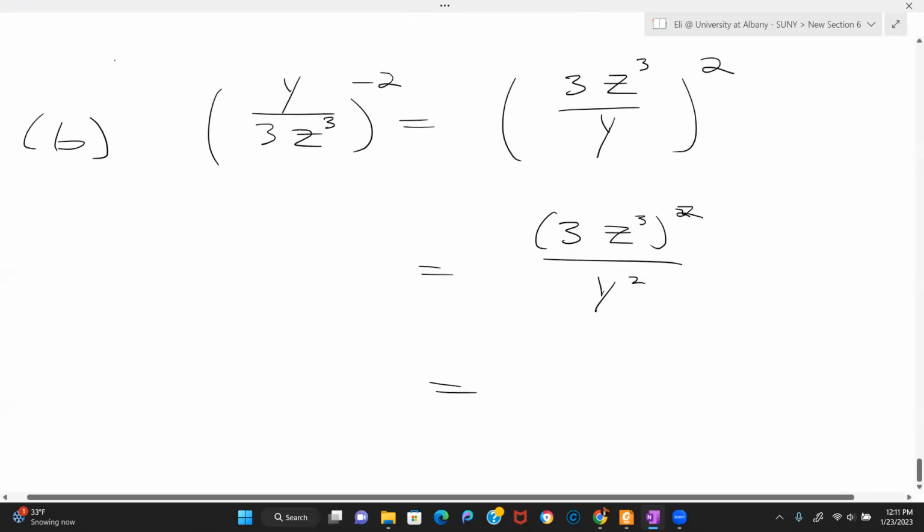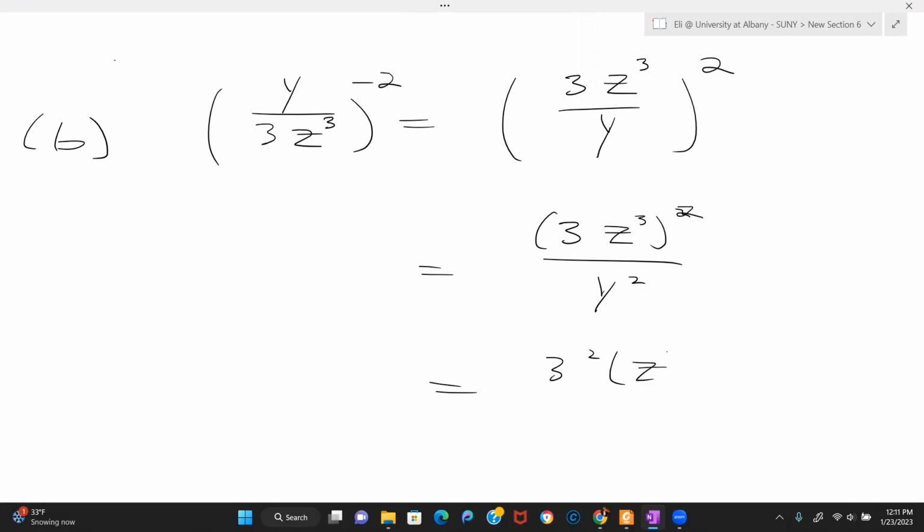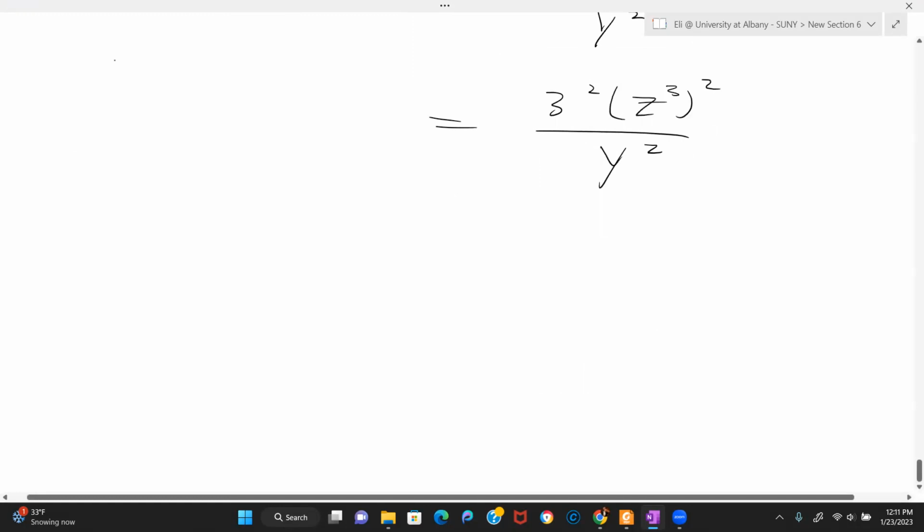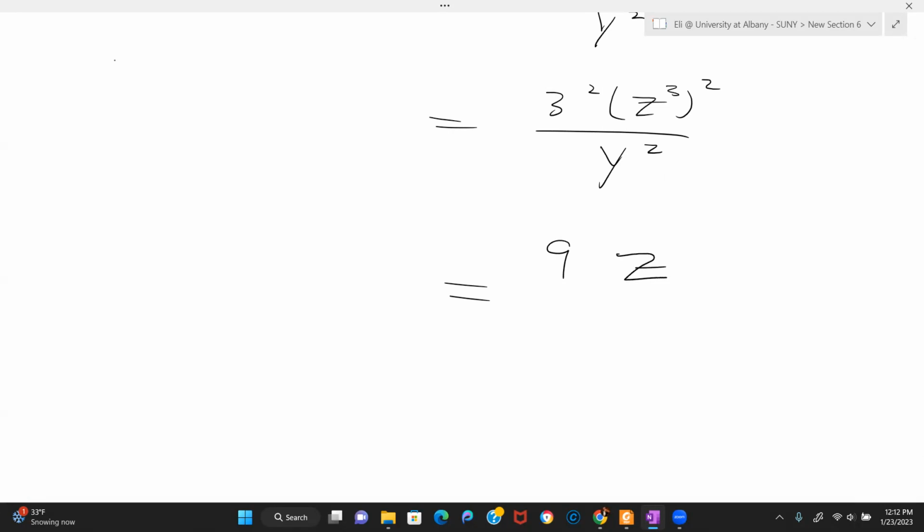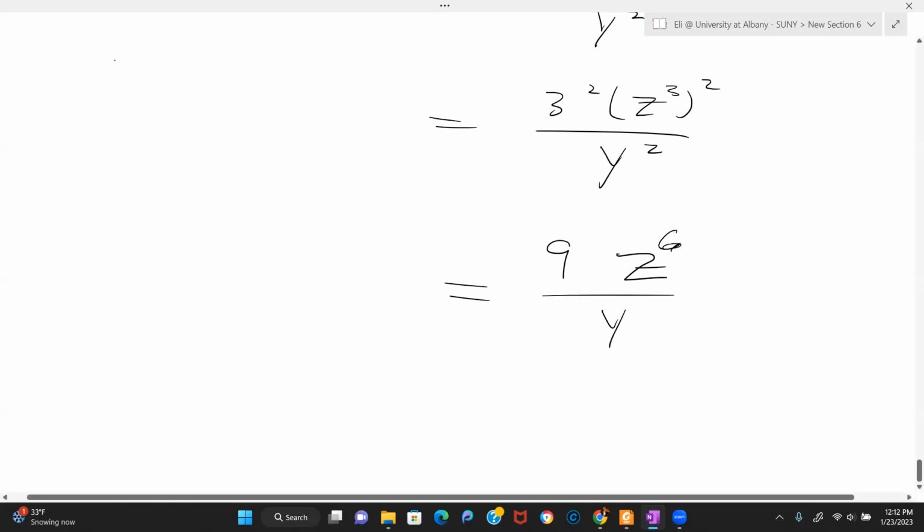And now we take that square and we distribute it over the products. We get 3 squared, z cubed squared, over y squared. And then I just square each thing. So we get 9, and then z to the third to the second means you multiply the 3 and the 2 to get 6, over y squared.